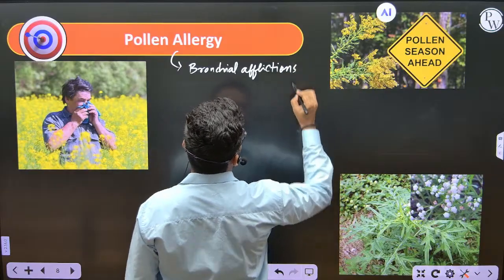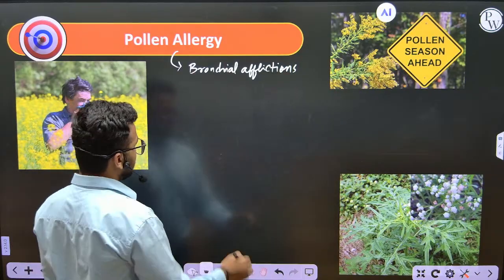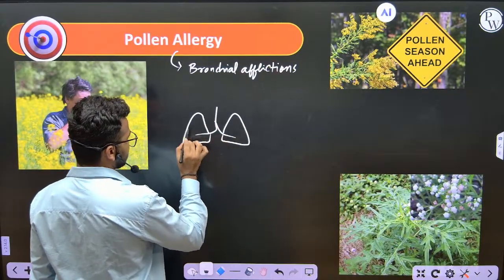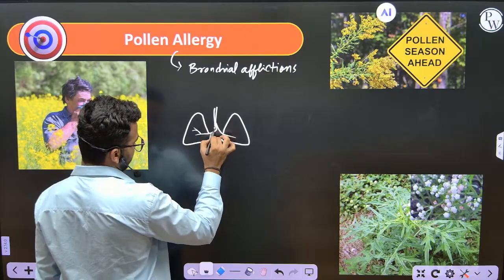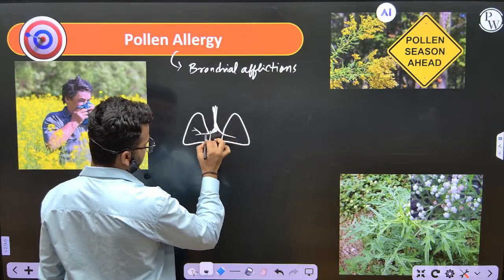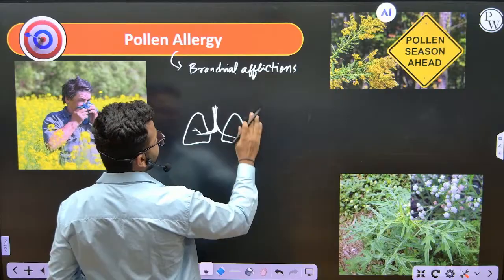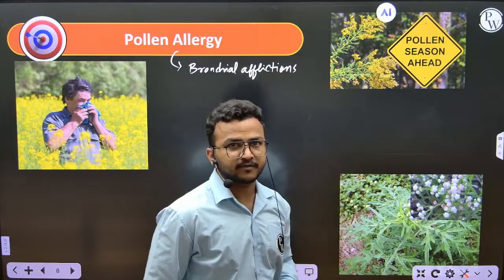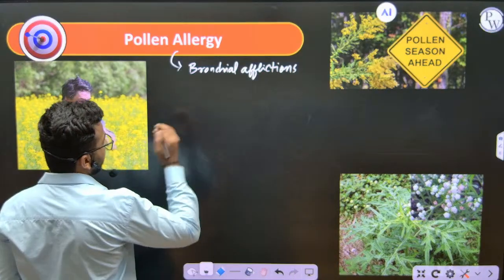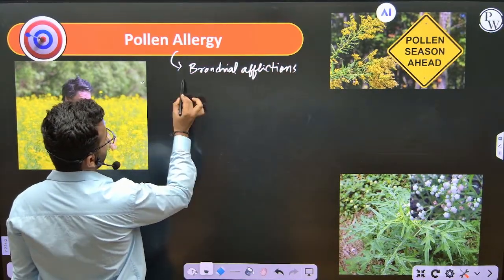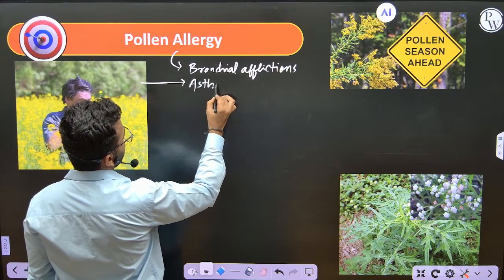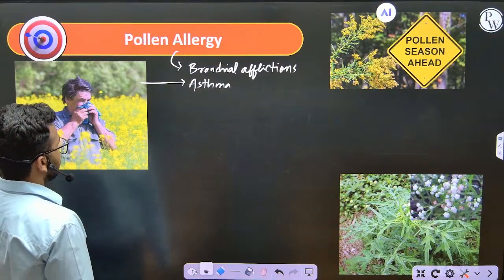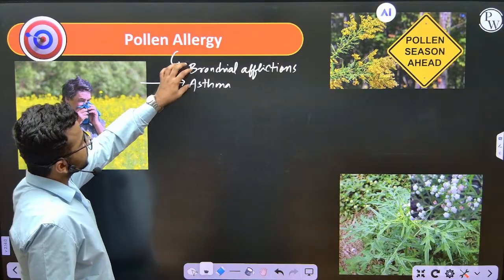Bronchial afflictions in the sense, see, bronchi, you know that from human physiology. You already learned, it is there here, trachea and this one. This will get afflictions, that is, it becomes inflamed when the pollen grains enter our lungs there. So bronchial afflictions are seen. Some cause us asthma also, and asthma and bronchitis are also the same. So these are some of the allergies.